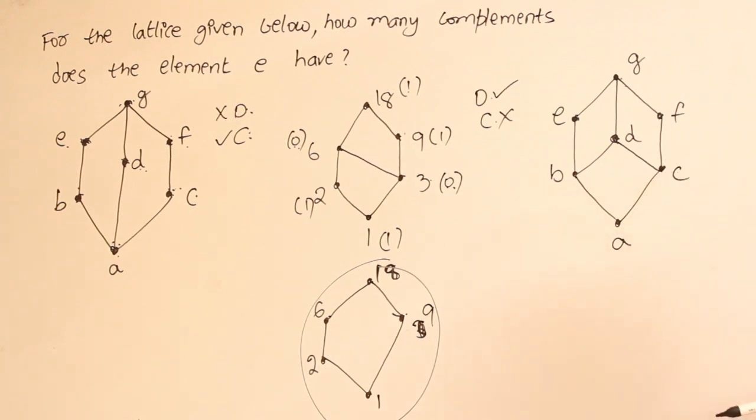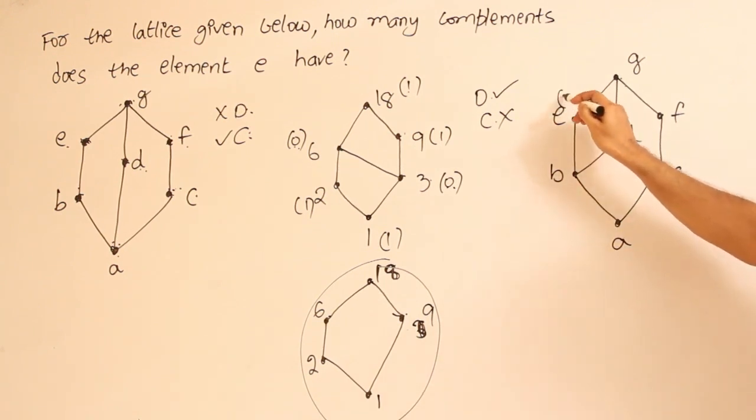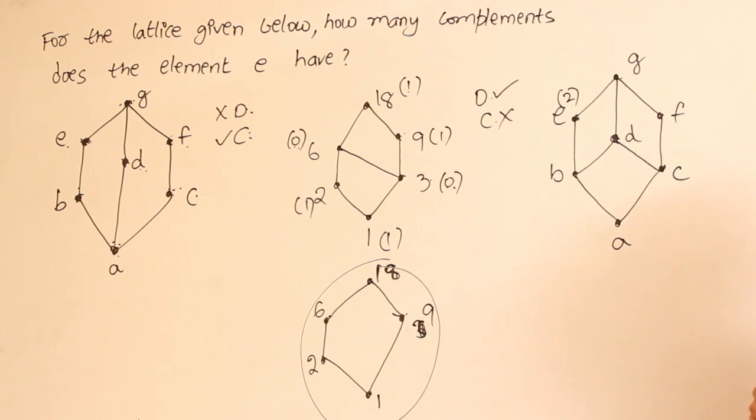And what about C? Yes, C can be a complement because both join at G and meet at A. So E has two complements. So what can you say about it? It is clearly not distributive because one element has two complements.